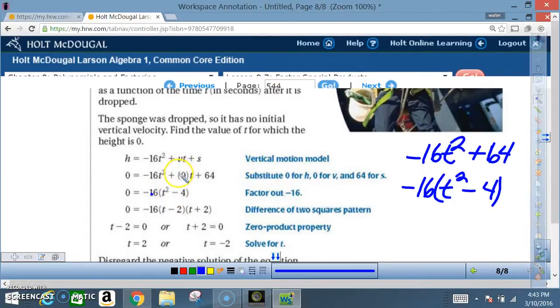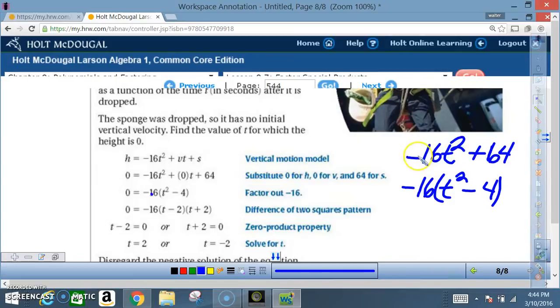All right, now let me explain to you what they did going from here to here. What they would end up doing, this would disappear, right? That's gone. So you would actually end up with a negative 16t squared plus 64. But what they're doing here, they're recognizing a little bit beforehand, only because they have prior experience, that they want the difference of two squares. So they factor out a negative 16.